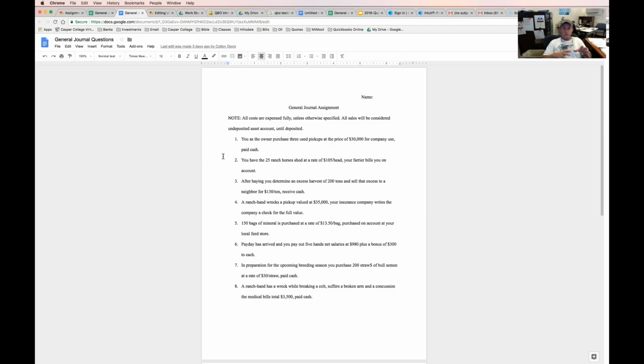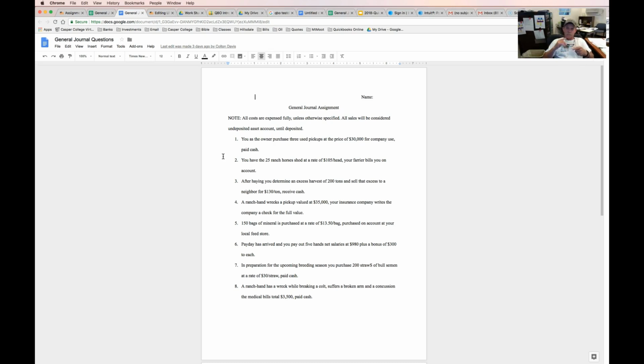You, as the owner, purchased 3 used pickups at the price of $30,000. That's for 3 pickups, for the company use. Paid cash. Okay? And what we mean by that is that we either paid cash or it came out of a checking account.